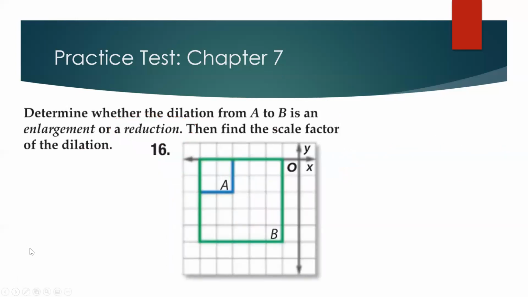All right, and then this one, it says determine whether the dilation from A to B is an enlargement or reduction. So here's square A, and then here's square B, so obviously it's bigger, so this is going to be an enlargement. So to find the scale factor, we're going to figure out the distance between the vertices, okay?